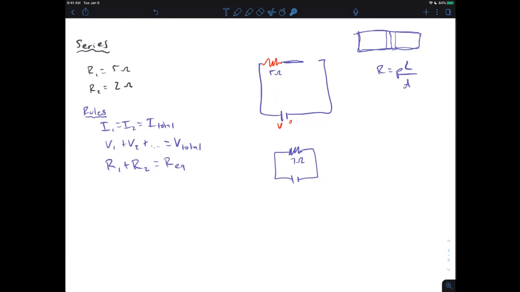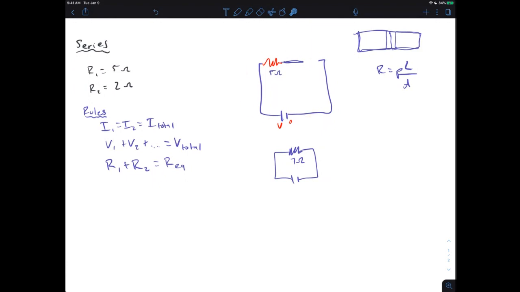Maybe the new ones don't really do this, they try to get around it, but with the old ones, when one of them went out, the rest of them would go out. They're all hooked up in series, so if you take out one, the whole circuit is now open. It can't complete its loop.